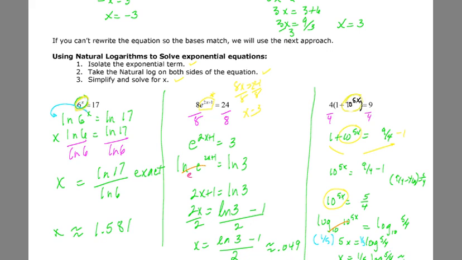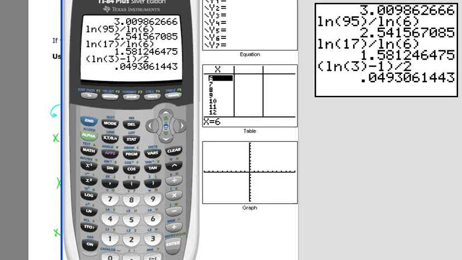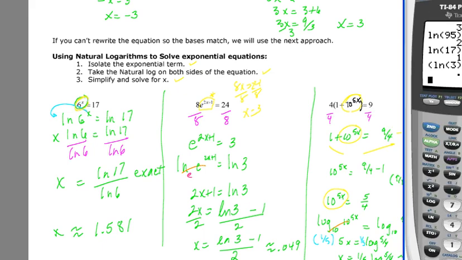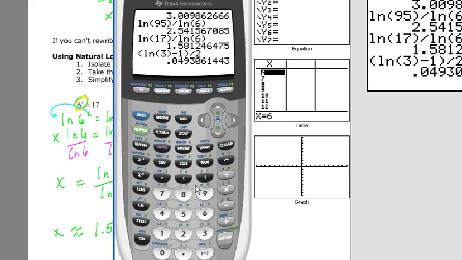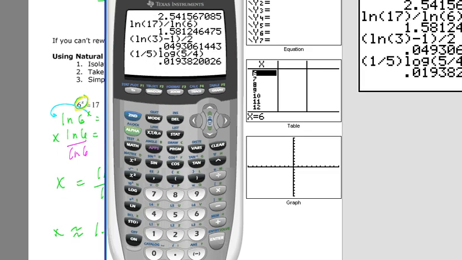Let's go to the calculator and get an approximate value. 1 divided by 5 times log of 5 divided by 4 gives 0.019.